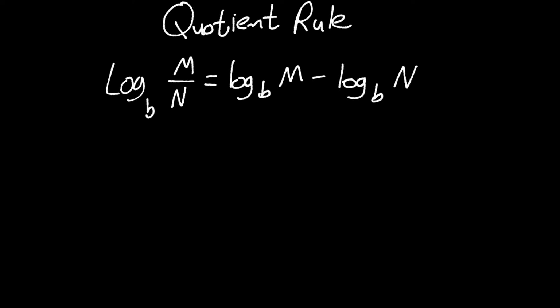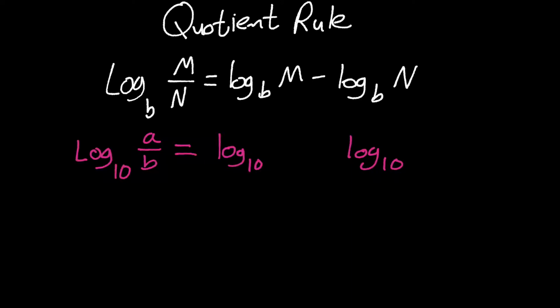So, if I'm going to see this in action, let's say I have log base 10 of a divided by b. If I'm going to expand this out, remember both logs have to have the same base.